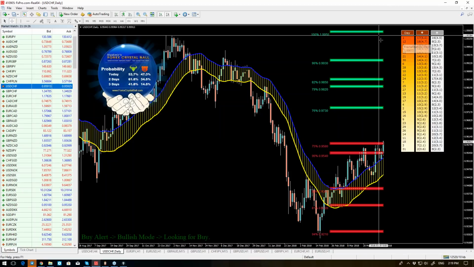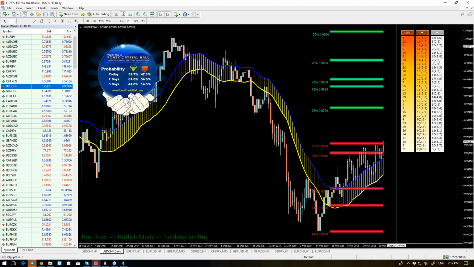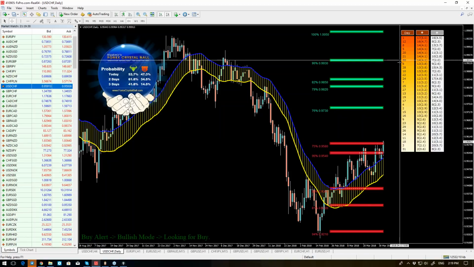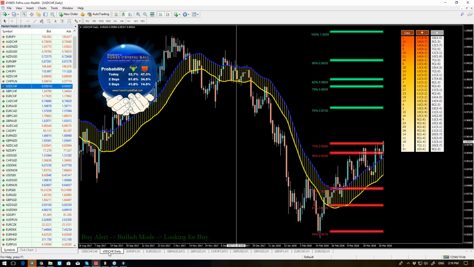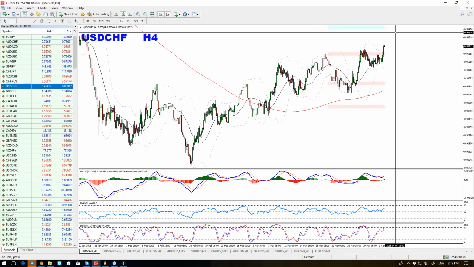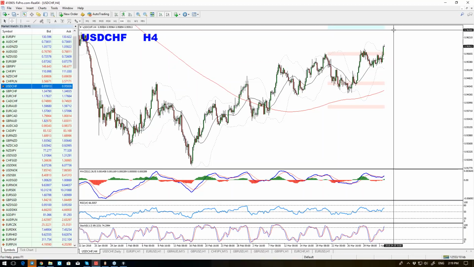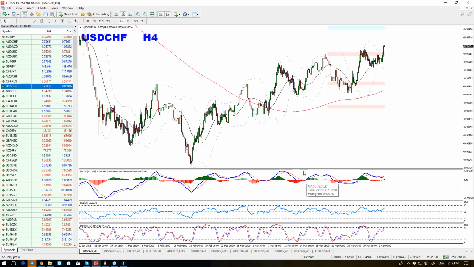You see how critical it is, right? You can see that the 5th, 8th, and 6th are all very critical days, and we are approaching there. That's a very, very serious zone for us, where we most likely will start facing the bearish pressure. So dollar franc is currently holding its short-term bullish momentum.